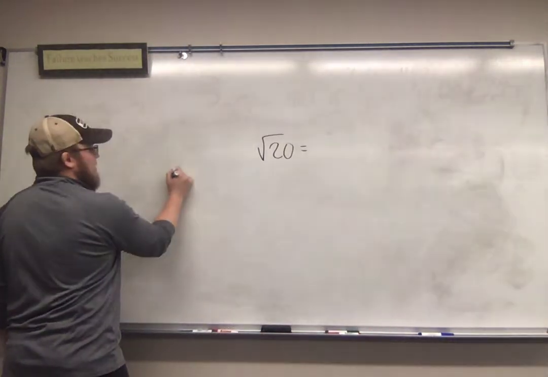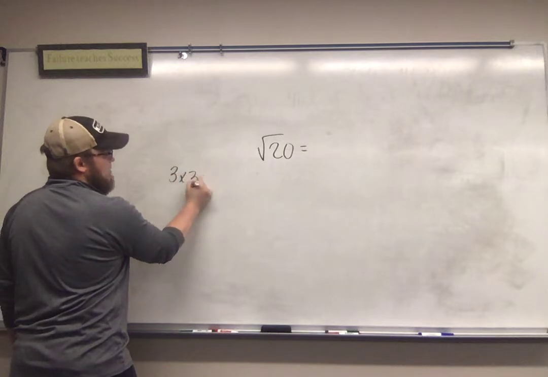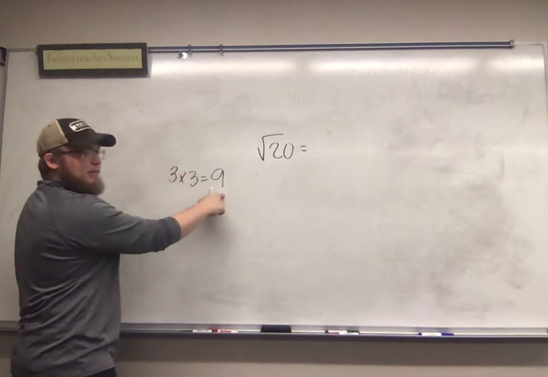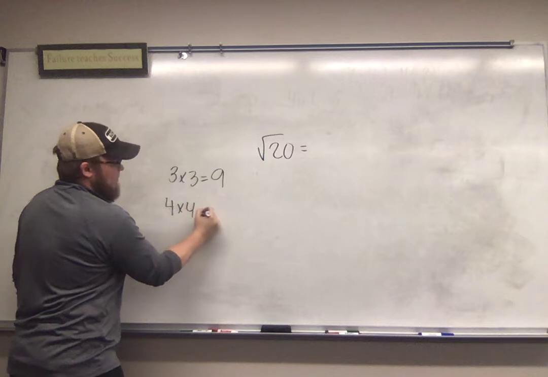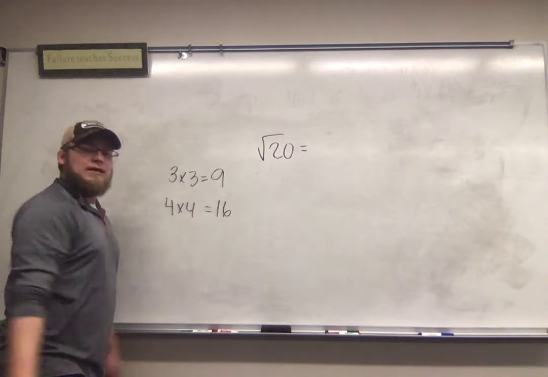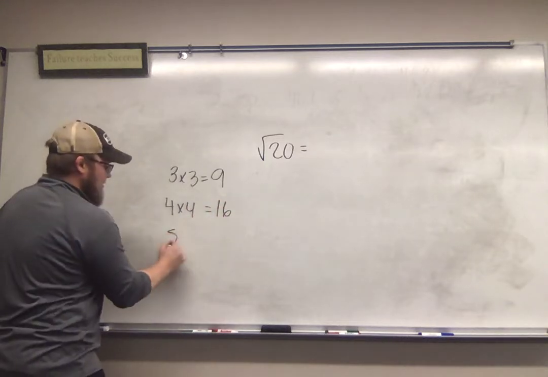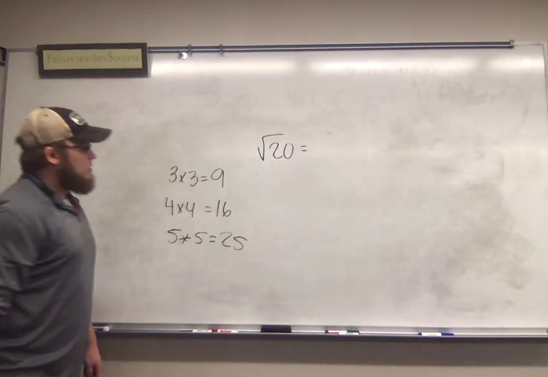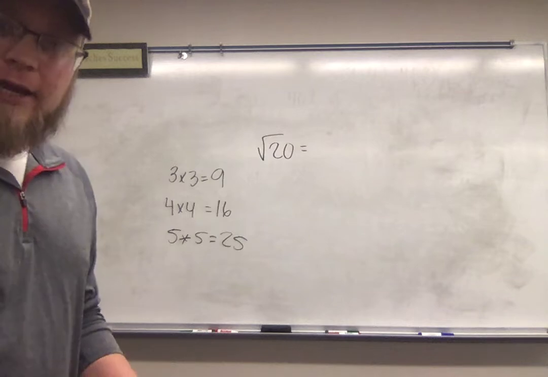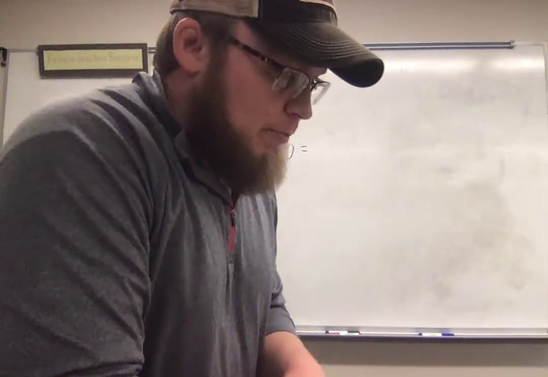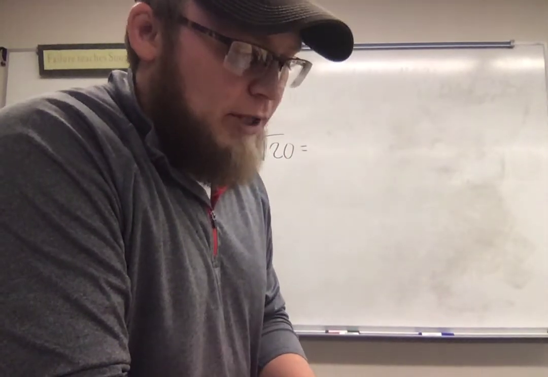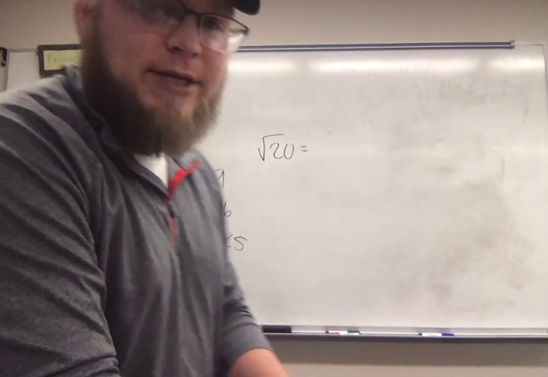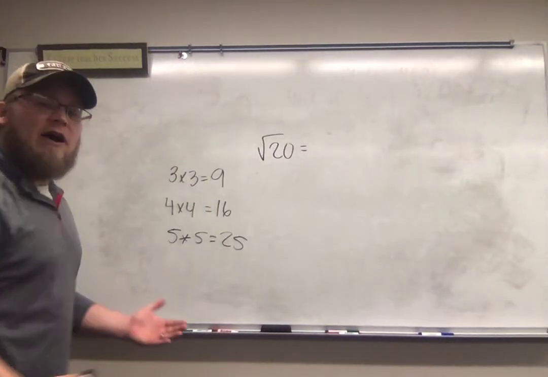Let's just see here. 3 times 3, 9. 4 times 4, 16. And 5 times 5 is 25. So now when you read this question again, I'm going to read it one more time. It says, between which 2 consecutive whole numbers is the square root of 20? Well, I think we just found that out right here.